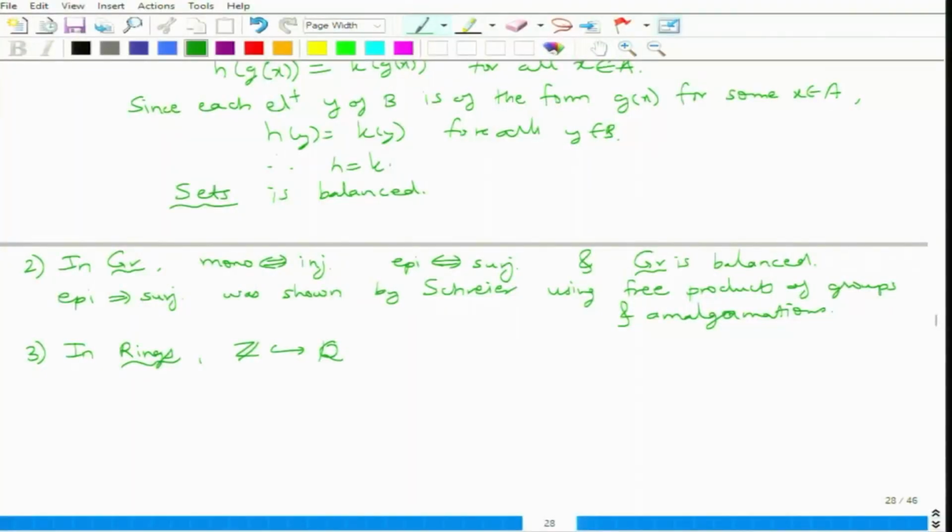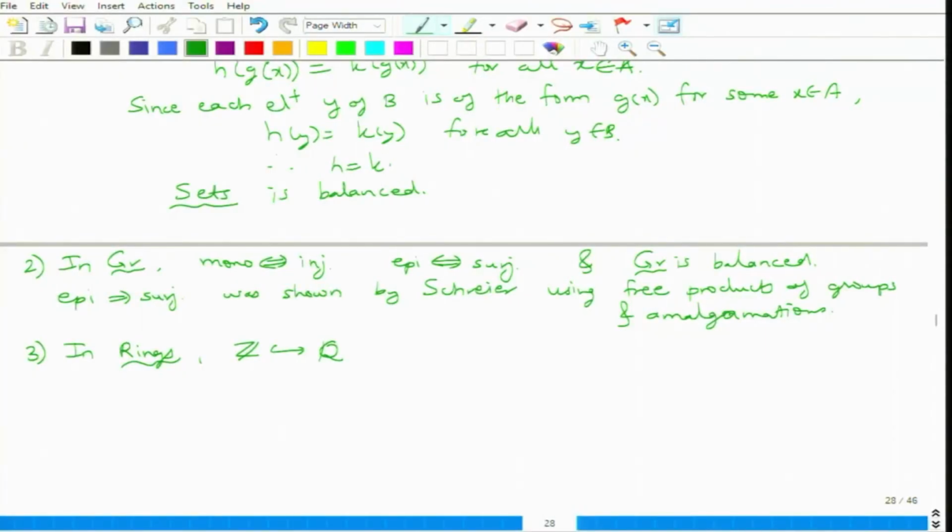Surjective morphisms are epimorphisms, and that also generally goes through if you have a concrete category, even though I haven't defined what concrete is. If the objects are sets and the hom sets are also sets, then we call it a concrete category. Then that proof will go through.